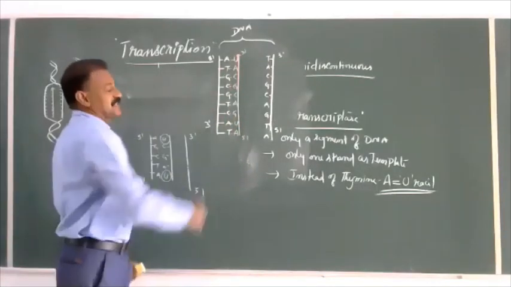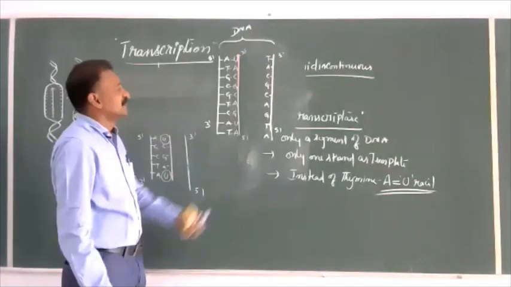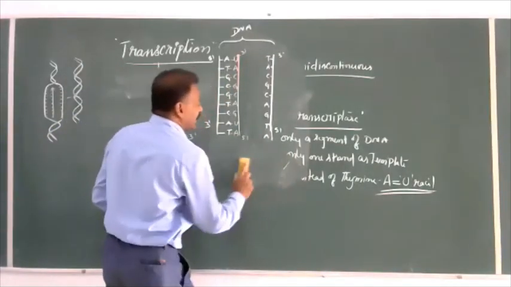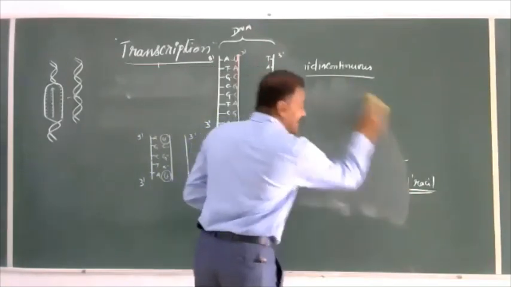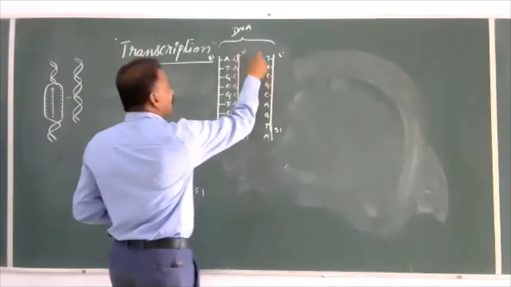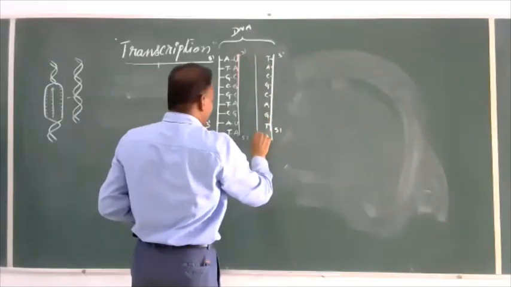This is one strand, one template. Suppose this DNA strand also participates in transcription, now polymerase has to come from 5 prime to 3 prime like this.